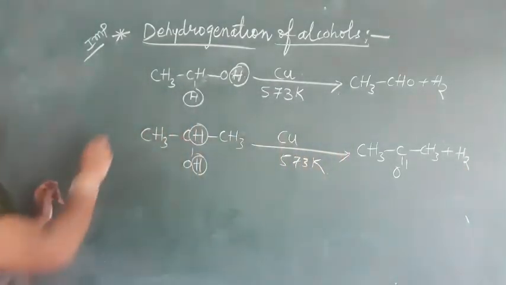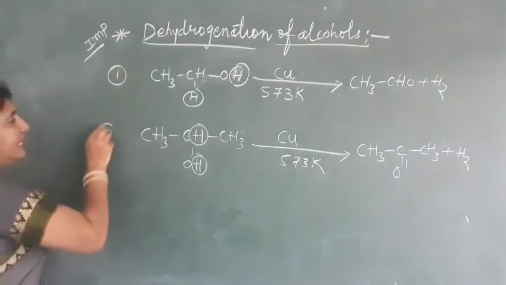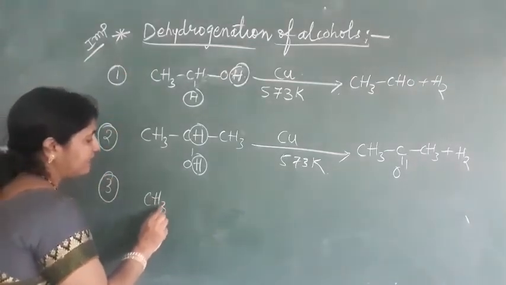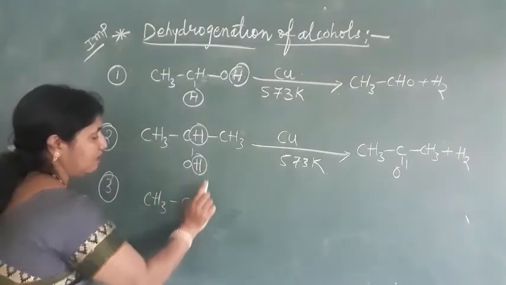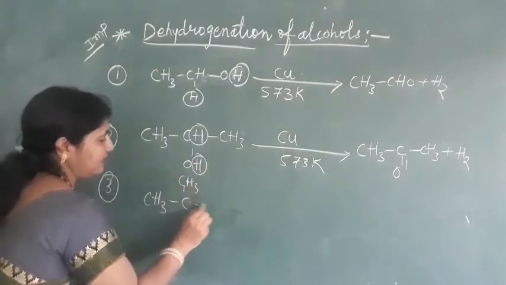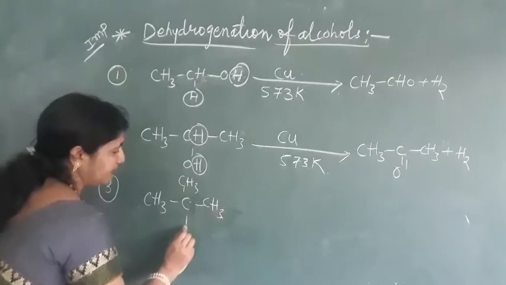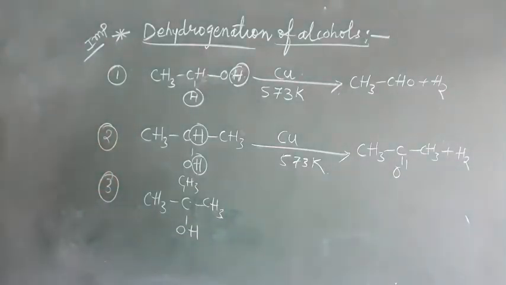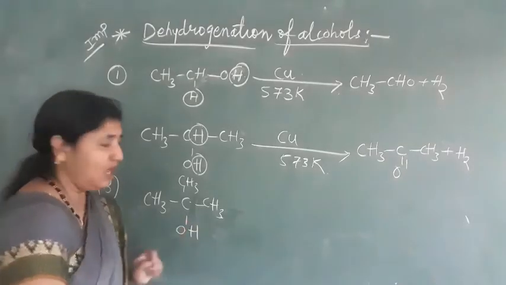Now the third one is also important. Here we are taking tertiary alcohol, 2-methyl propan-2-ol, or general name tertiary butyl alcohol.